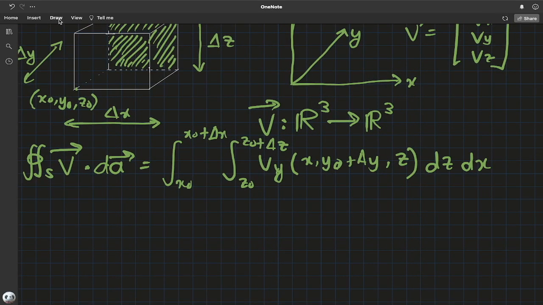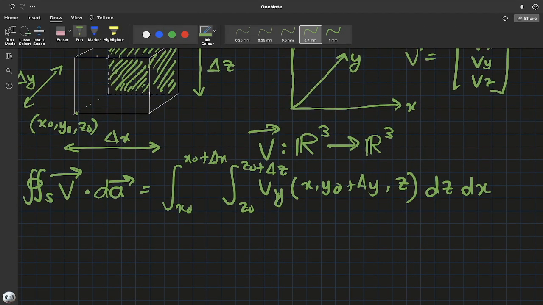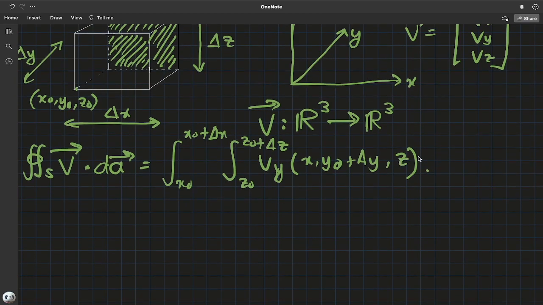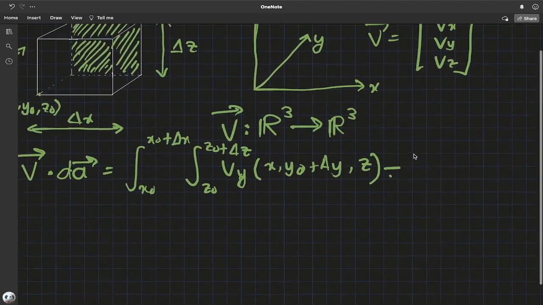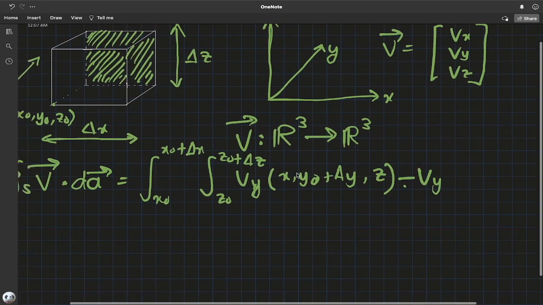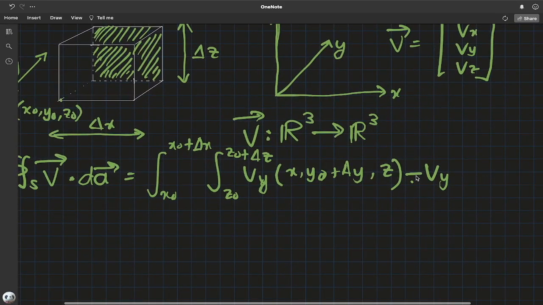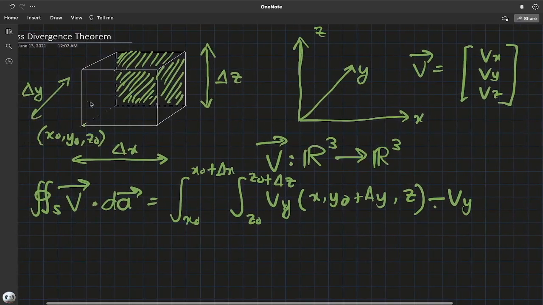But that's not quite it. We also have to take into account the first face. So we have to subtract vy for the front face. We have a minus because the area vector points in the negative y direction.